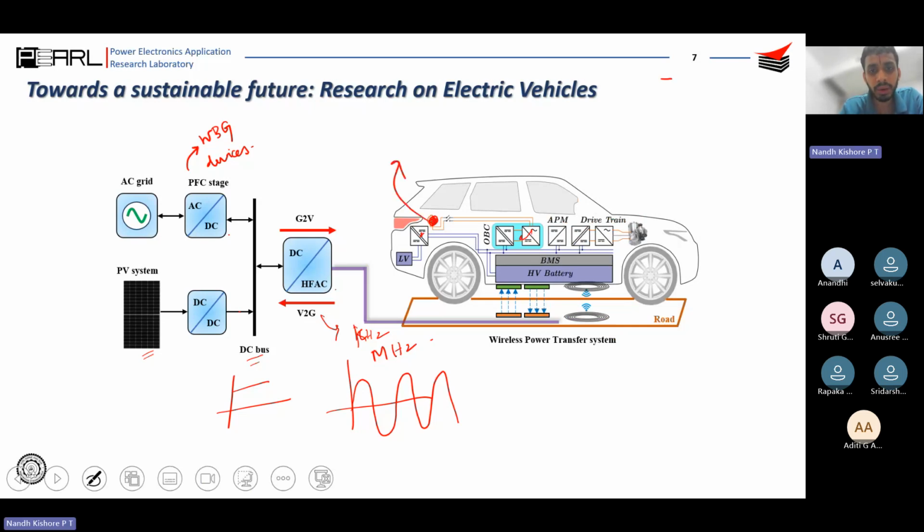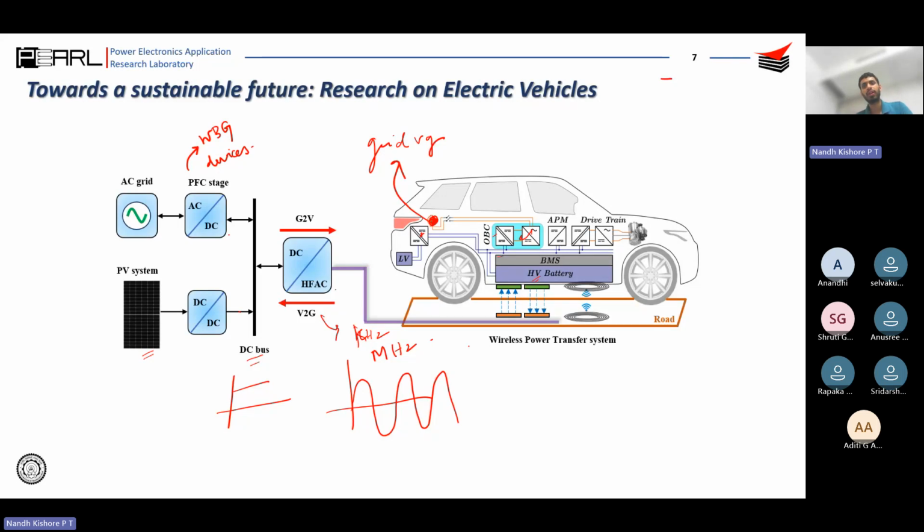Okay, so grid voltage you connect over here, then what would happen? The grid voltage would get converted into a DC voltage, correct? Again, it happens through a power converter. It's called an OBC, onboard charger, and this onboard charger will charge up your car battery. That is one way. Or if you don't want to go wired, if you want to go wireless, that's what companies like Tesla are researching on.